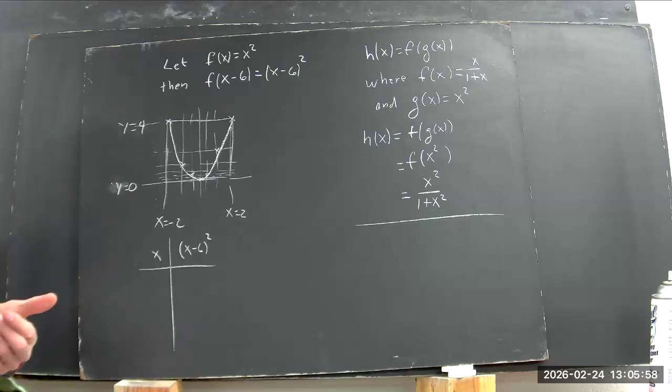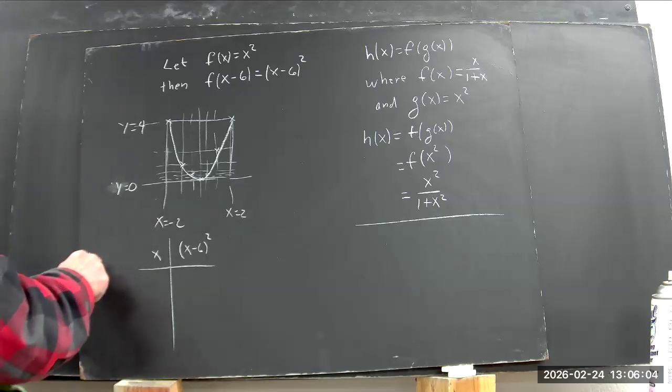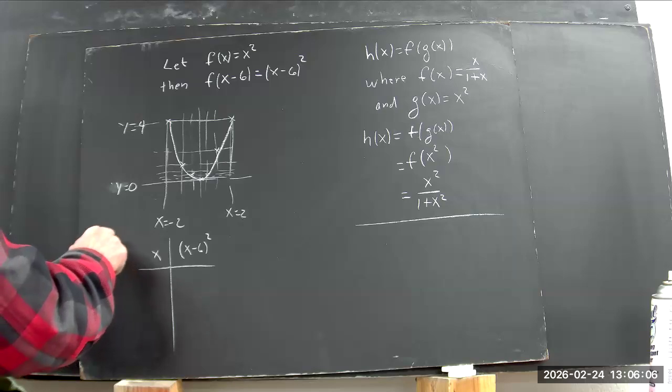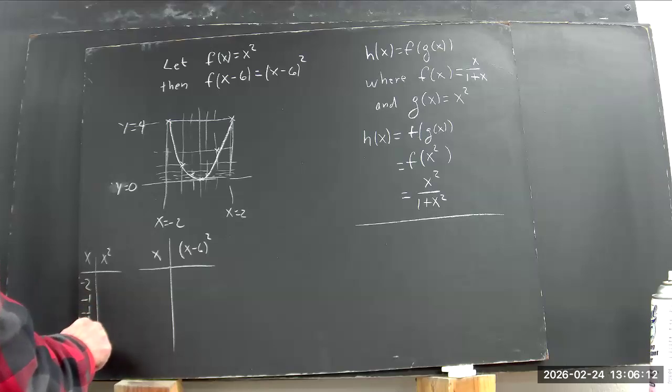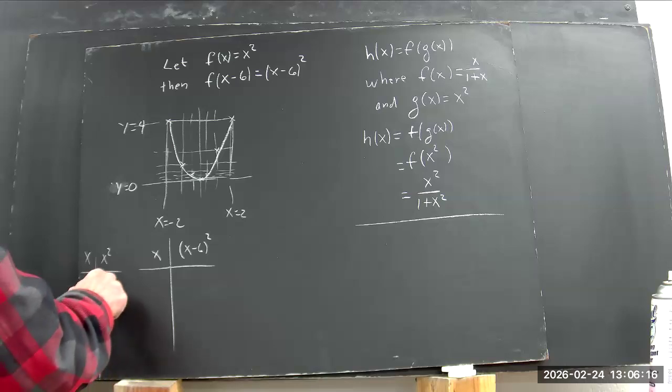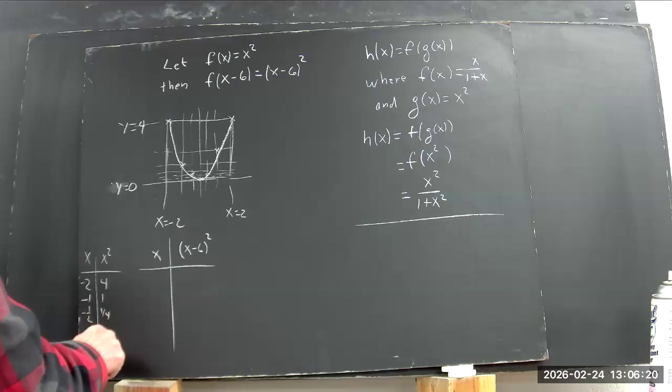What number would you put in for x if you wanted to get 0? Well, actually, let's go ahead and just write down the x squared values: 4, 1, 1/4, 0, 1/4, 1, 4.